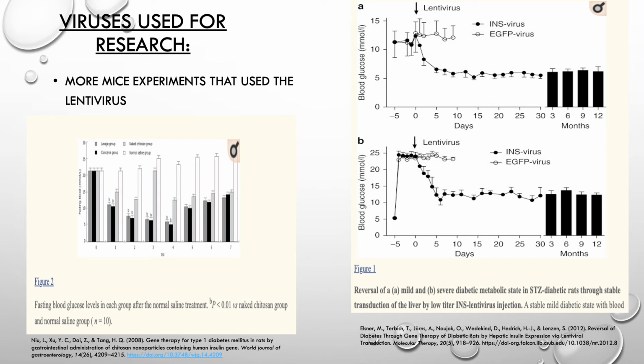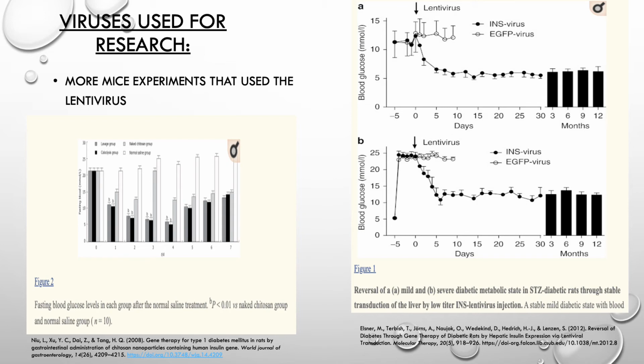Figure 1 does show that they used the insulin lentivirus, which had stable blood glucose levels, as you can tell from days 5 to 30, or throughout the year: 3 months, 6 months, 9 months, 12 months, as you can tell in figure 1A and figure 1B. That's what they were really striving for, to see if it was the same.